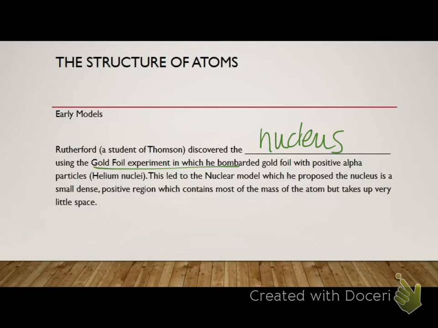What he expected was for all of the alpha particles to pass straight through, but what actually happened is some were deflected, and they were deflected in a very energetic way. So he concluded that there was a small positive region that contains most of the mass but takes up very little space.